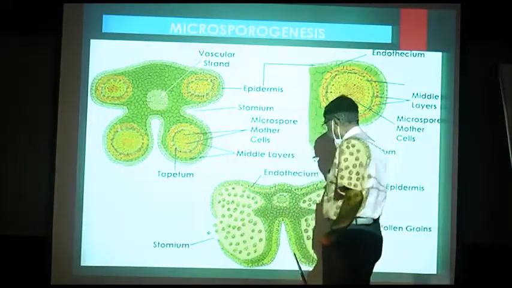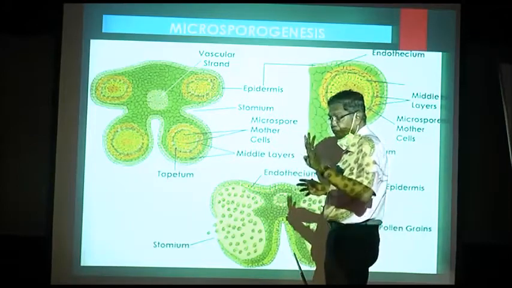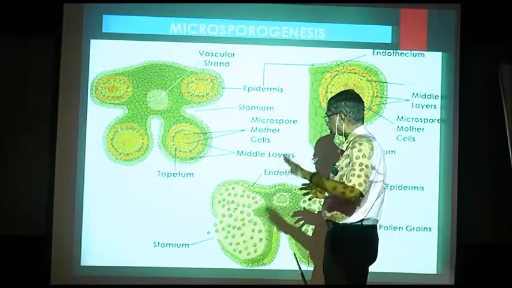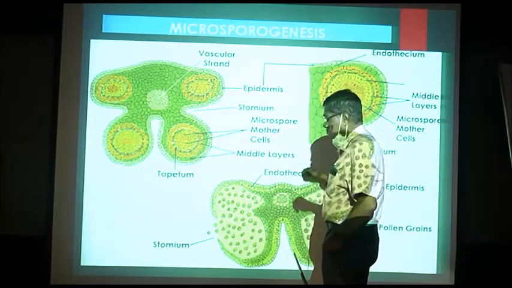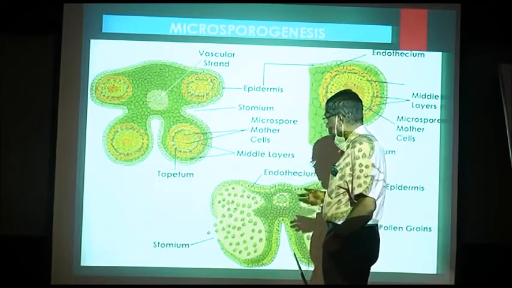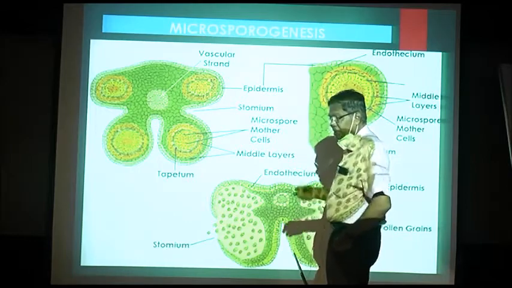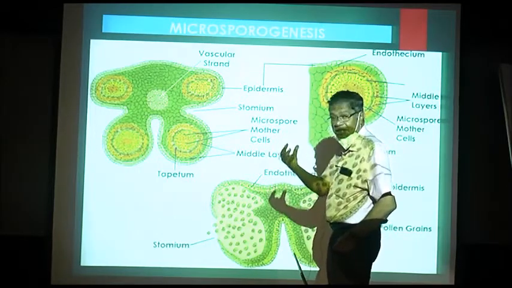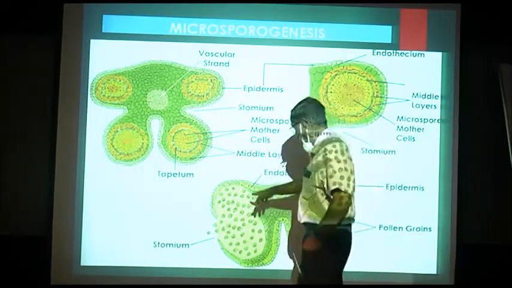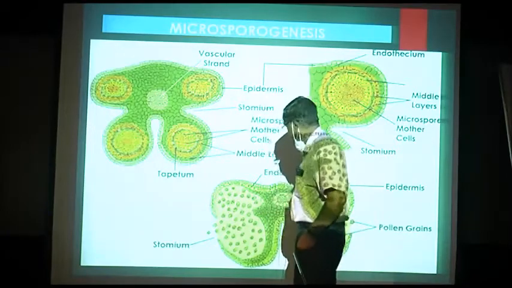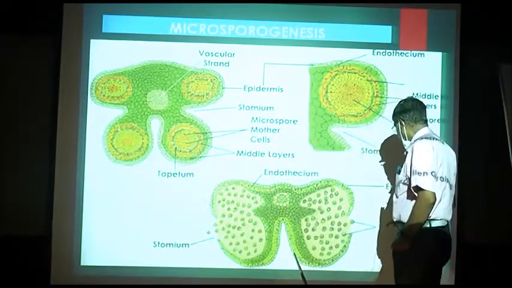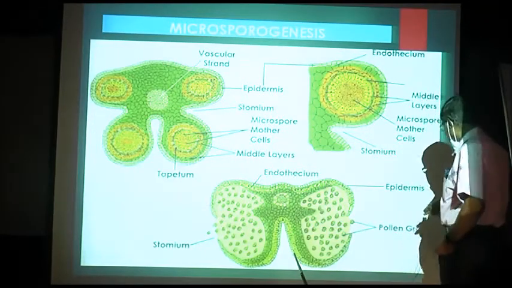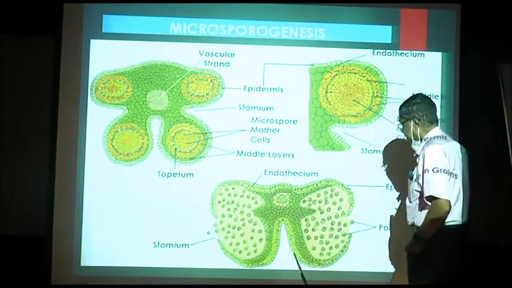microspores. Now 4 microspores are formed from each microspore mother cell, because microspore mother cell is diploid, and by meiosis it forms a tetrad. Tetrad means together 4. Tetrad of microspores which separate and form the microspore, and the microspores develop into pollen grains.